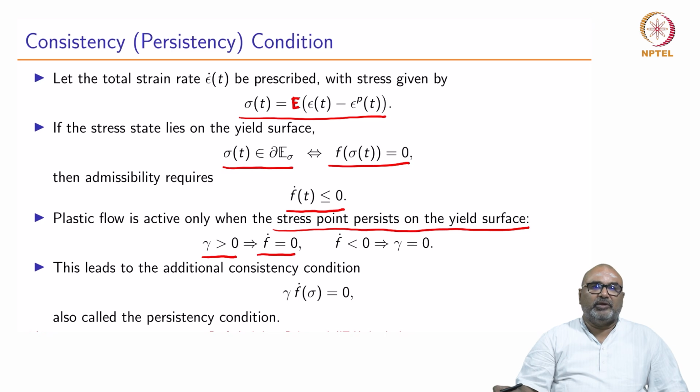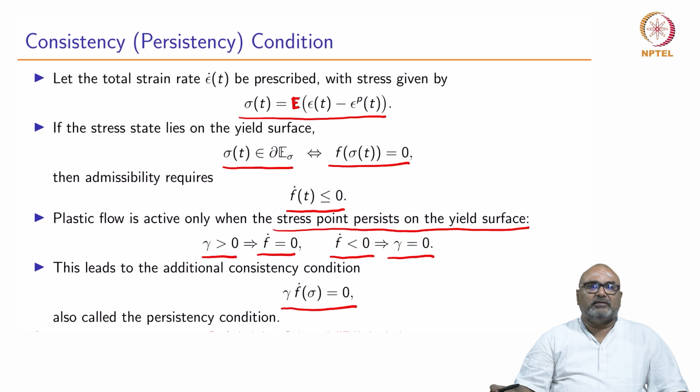So, f dot must be equal to 0, and if f dot is less than 0, that means it is inside the elastic range, then it is going to be elastic and the slip rate gamma is equal to 0. This leads to the condition that plastic deformation is always happening on the yield surface, and this is called the persistency condition or consistency condition, which states that gamma times f dot of sigma must be equal to 0.